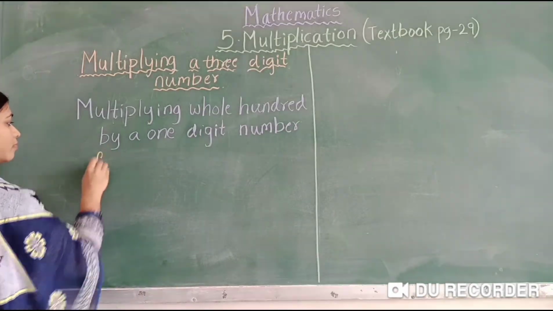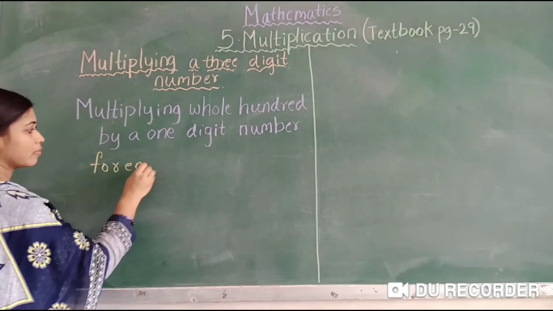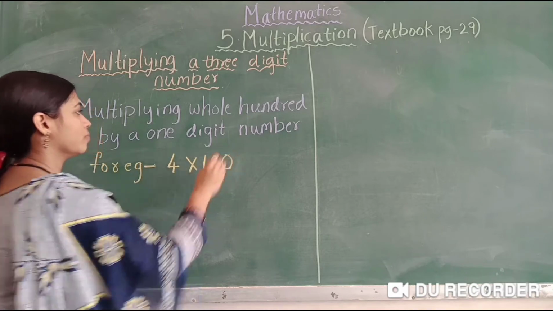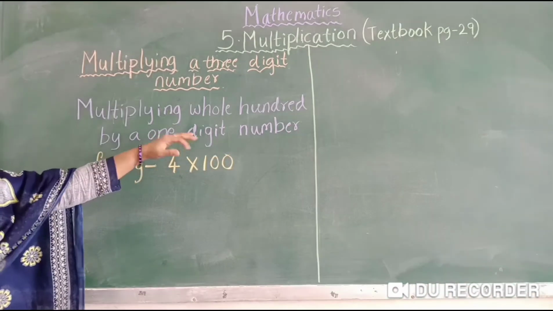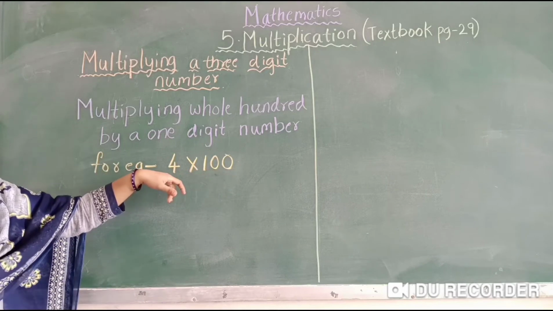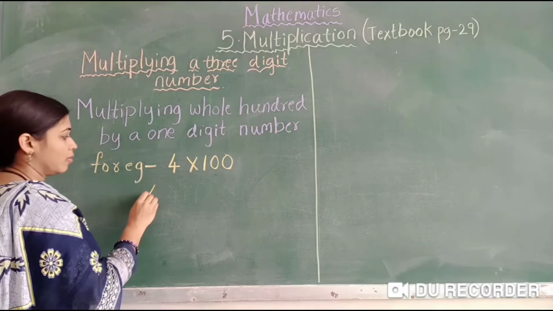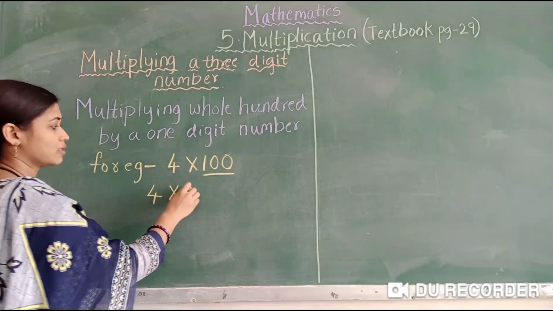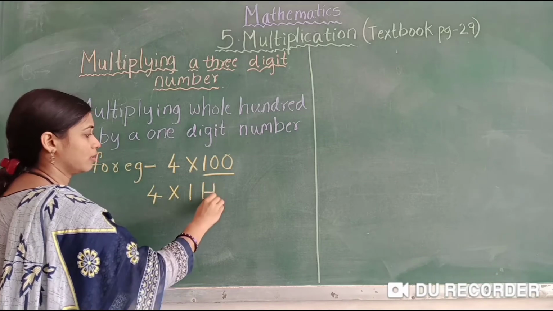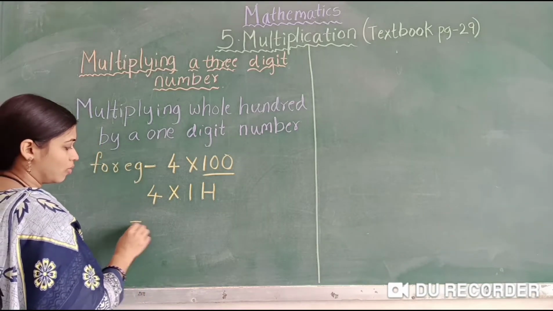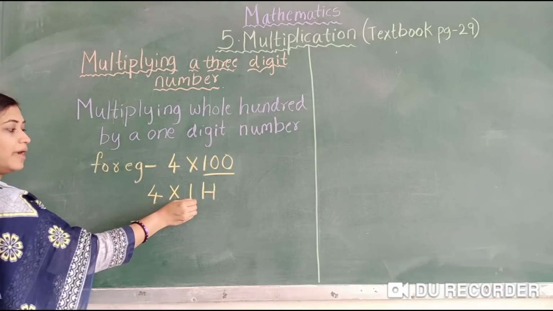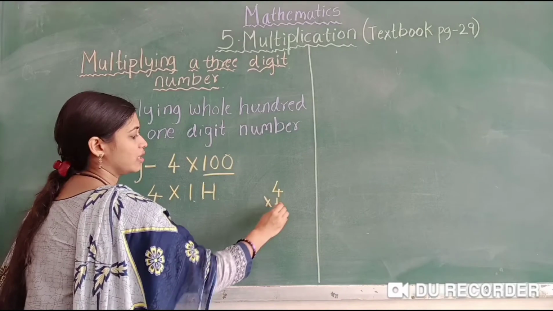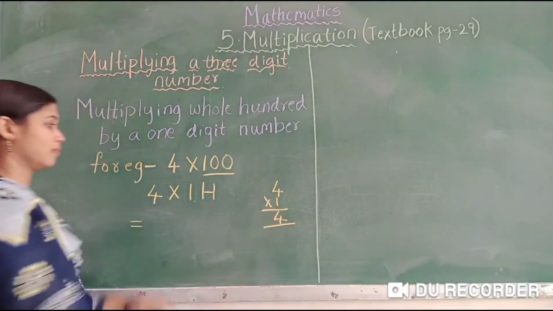For example, 4 multiplied by 100. In this, we have to multiply a whole hundred by a one-digit number. 4 multiplied by 100 is also written as 1h. In this, we have to multiply 4 multiplied by 1. 4 multiplied by 1 is how much? 4.